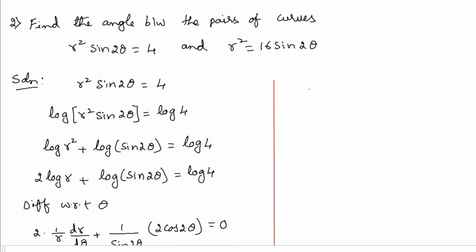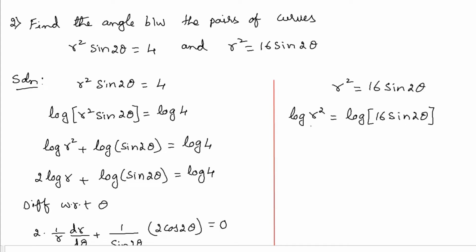The second curve is r square equals 16 sine of 2 theta. So let us take log on both sides. We'll get log of r square equals log of 16 sine of 2 theta.